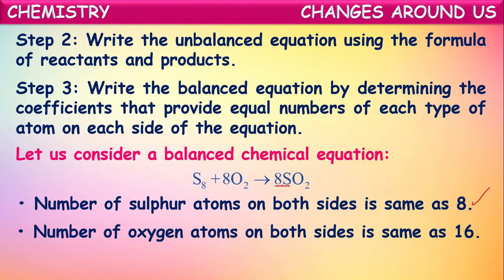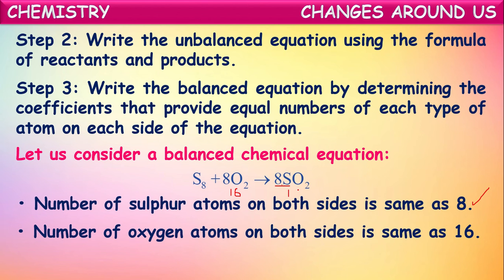If you observe oxygens, on the left hand side, there are 2 oxygen atoms in one molecule of oxygen. And how many molecules are there? 8 molecules. In total, oxygen atoms on the left hand side are 16. What about on the right hand side? Each sulfur dioxide molecule has 2 oxygen atoms and there are totally 8 molecules.